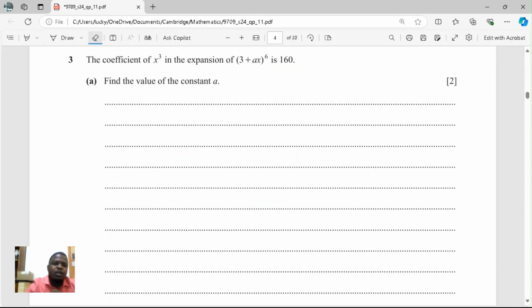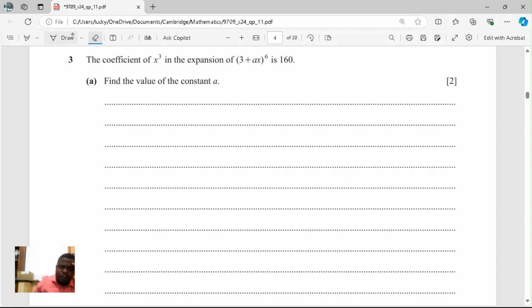The coefficient of x cubed in the expansion of (3 plus ax) raised to the power of 6 is 160. Find the value of the constant a.